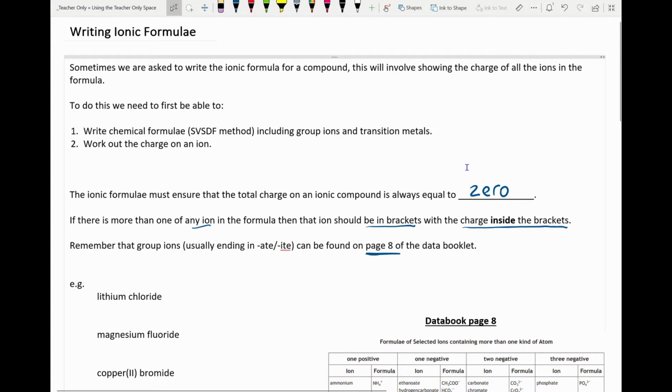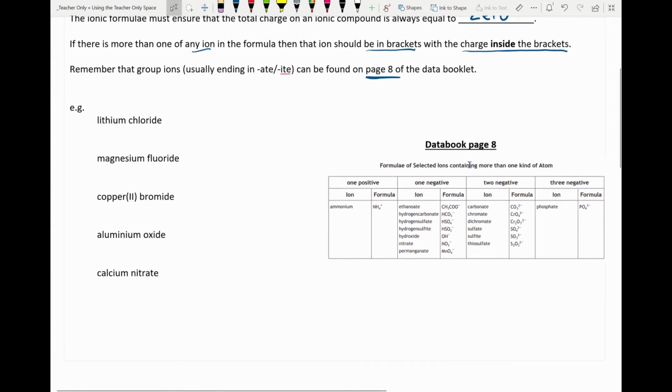If I just scroll down just now, I can show you the little table that's found on page 8. You can see here that the charge is actually given to you on that page. So that second skill of being able to write the charge on an ion is already done for you. All you have to be able to do is to write it in the correct format. So we're going to have a look at a few different examples just now.